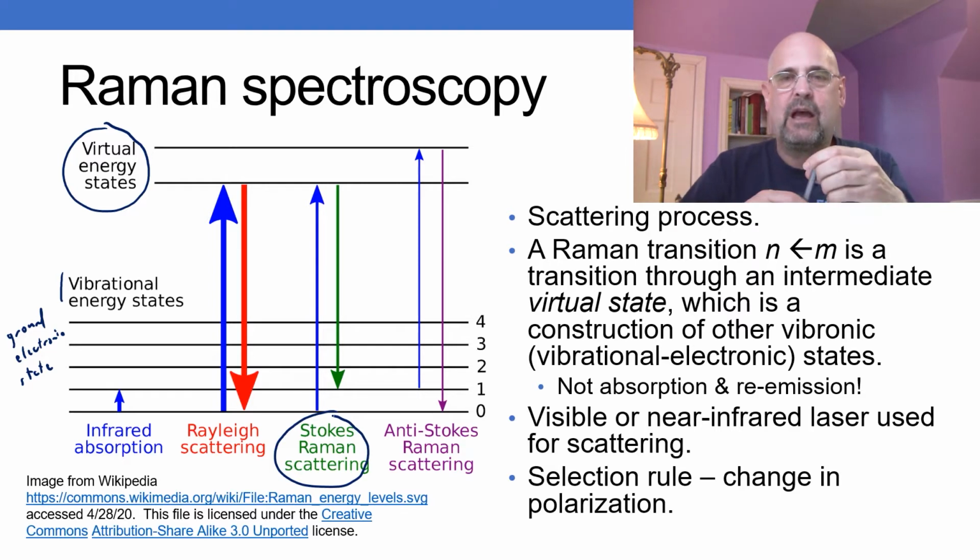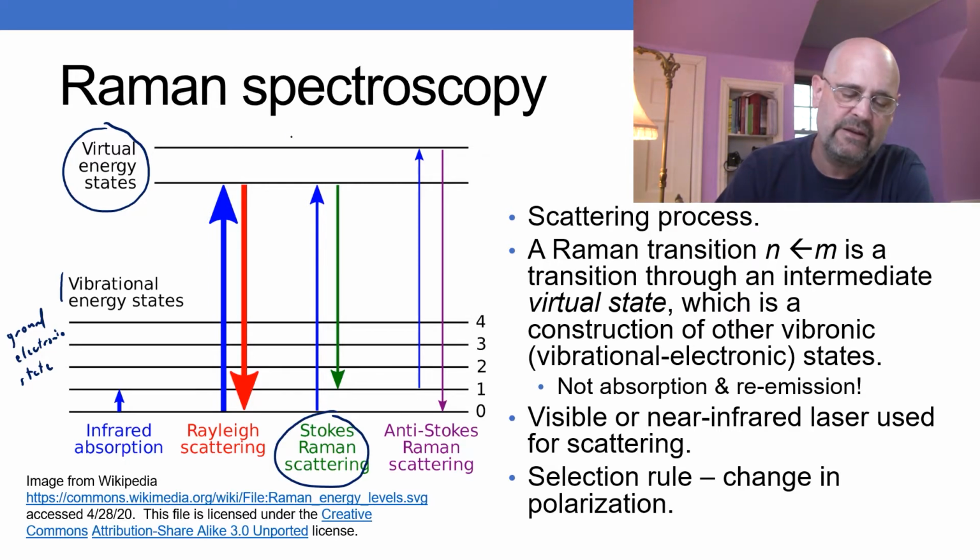So for Stokes scattering, I find some new wavenumber, using a tilde on it. My scattered light is going to be equal, in energy, to nu 0, the incident light, minus nu 0 to 1.